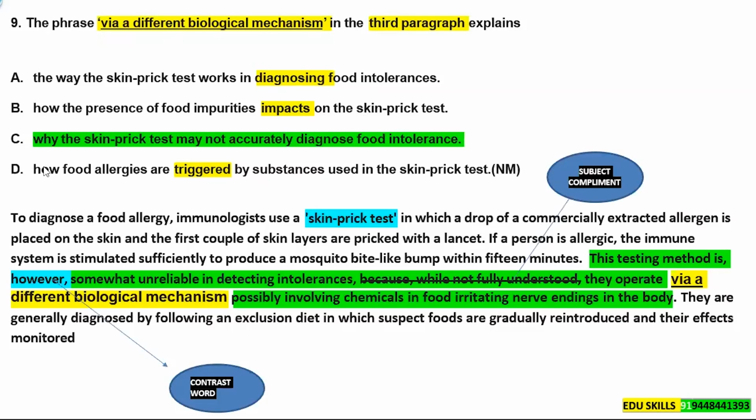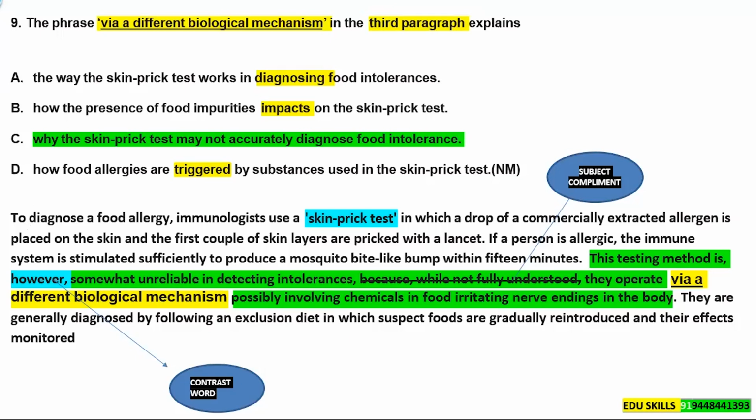Yes, answer option C is the correct answer option. Why the skin prick test may not accurately diagnose food intolerance. ഇപ്പം നമ്മൾ ഇവിടെ ഹൈലൈറ്റ് ചെയ്തിട്ടുള്ള സെന്റൻസ് നോക്കാം. That is, this testing method is, however, ഒരു contrast word ഉണ്ട്, however, somewhat unreliable in detecting intolerance. It means that unreliable means we cannot depend on it whether it will correctly detect the intolerance.